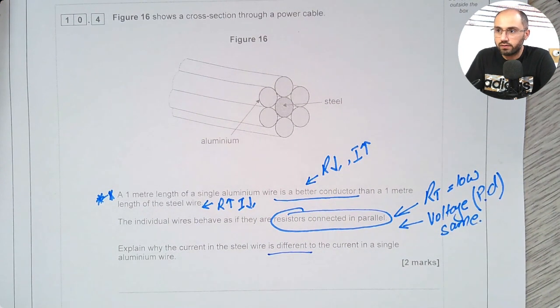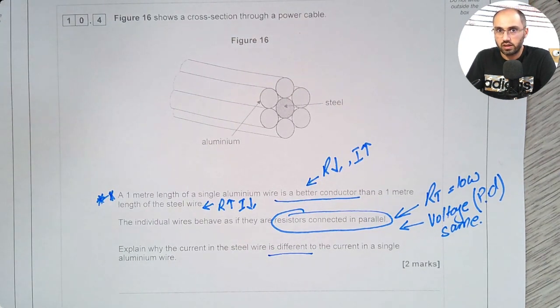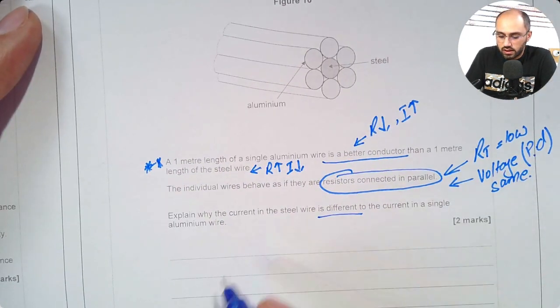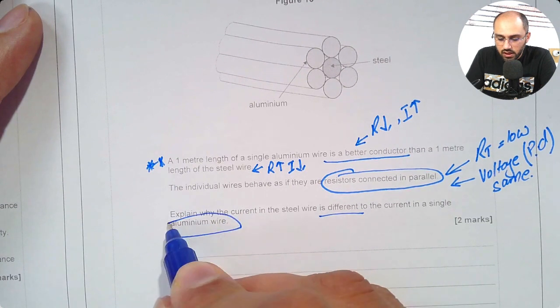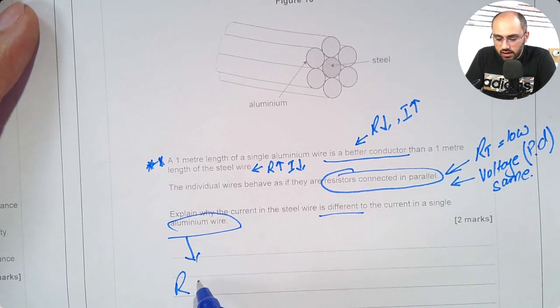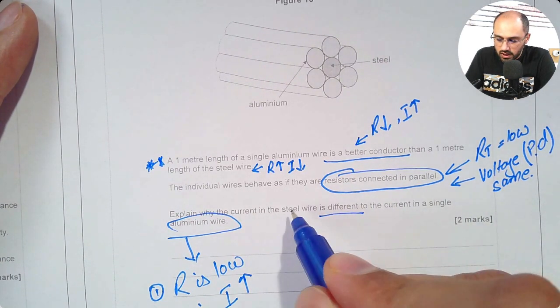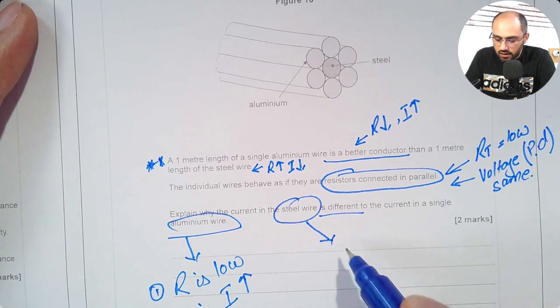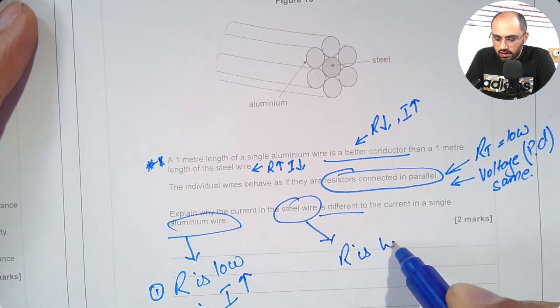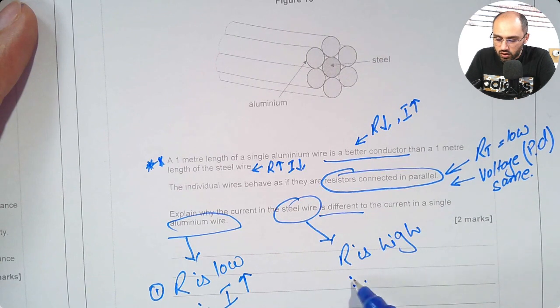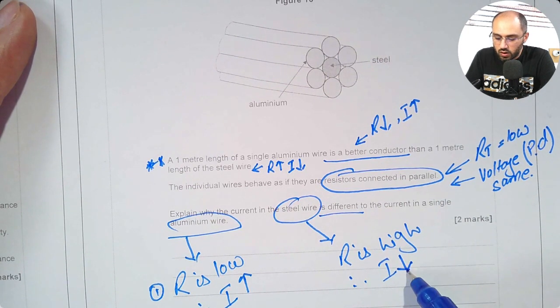They've used the word different, so you will have to identify whether it is low or high. So I can say for the aluminium wire, R is low, therefore current will be high. For the steel wire, I can say R is high, therefore current will be lower.